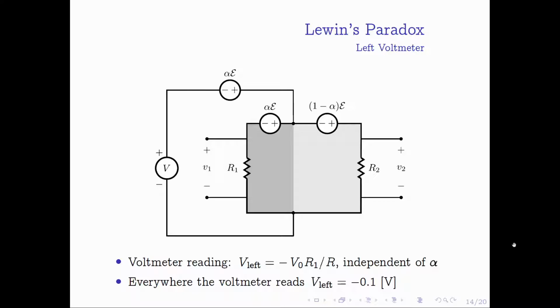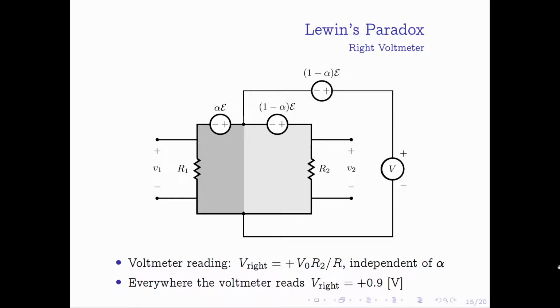And if we perform our analysis correctly, we should find the voltage across this voltmeter, I call it here V left, equals minus V0 R1 over R. And the most important result here is that this reading is independent of alpha. Everywhere the voltmeter should read minus 0.1 if we use the numbers from the previous example.